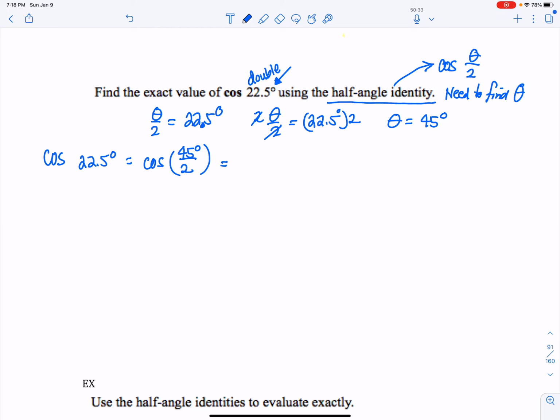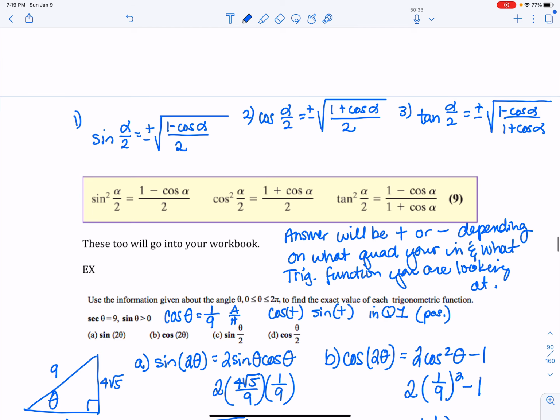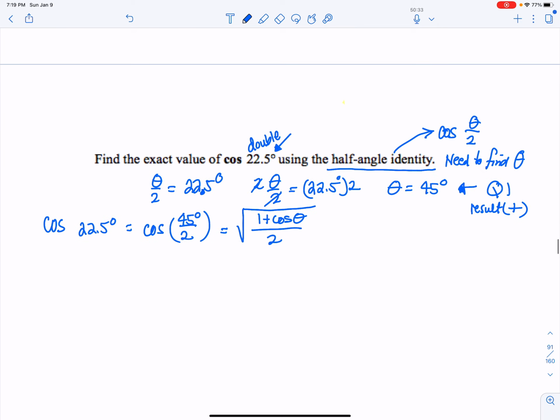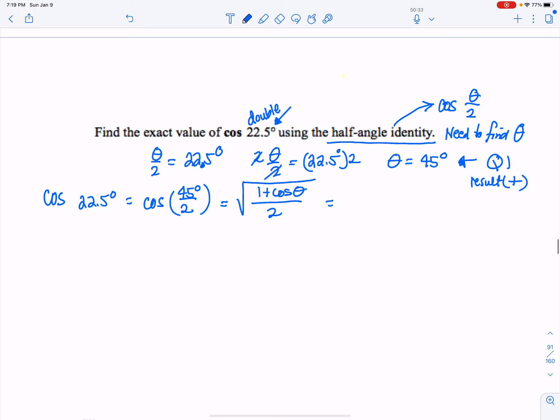Now, 45 degrees is in quadrant number 1, so my result will be positive. Okay, so I'm going to use a positive square root, and I have 1 minus cosine theta. Actually, I think this is a plus, divided by 2. So double check. 1 plus cosine theta. Yep. And now I'm going to plug things in. So if we plug this in, we get 1 plus cosine of 45 degrees, and this is all over 2. So now evaluate.